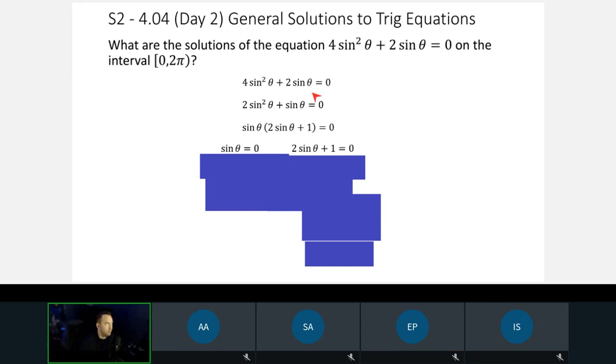So remember, the interval is from 0 to 2 pi, so you've got to use that full rotation to see when this is true. So you take the arc sine of both sides. Then you look at your unit circle, and the question is, what are the angles when your y value equals 0?